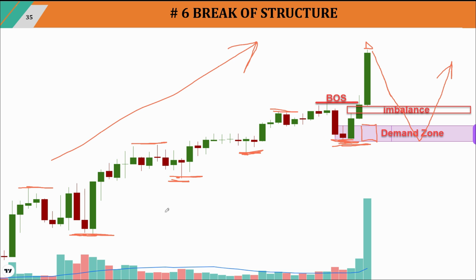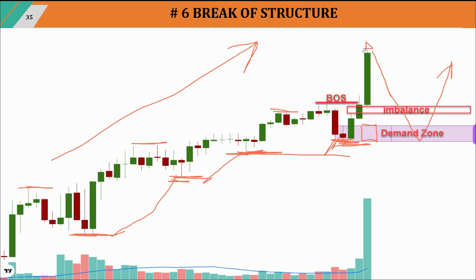Now watch for the shortening of the thrust on the upside, because that represents that we may break this structure, because the distance from here to here is, look at the distance. Then the distance from here to here, a little bit shorter, and then from here to here, much shorter. So we may see a break of structure.